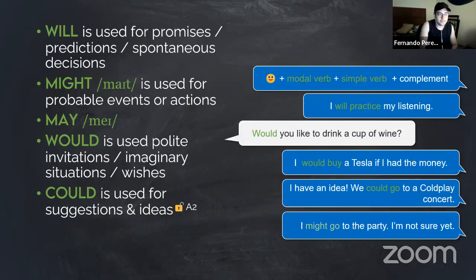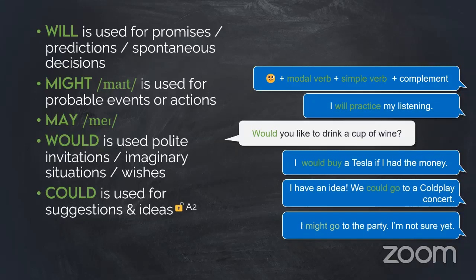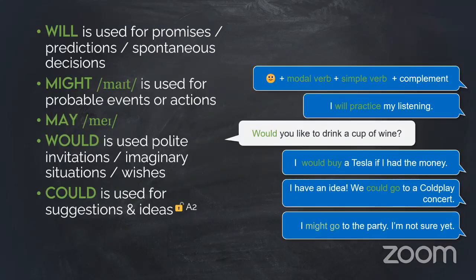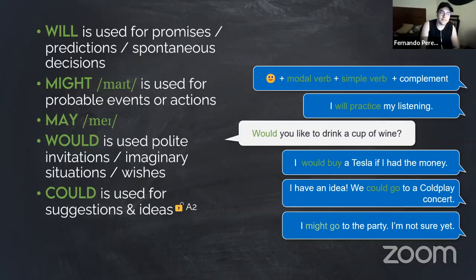Yes or no? Yes, teacher. Tell me about your possible activities this weekend. I don't know if you have plans or not. For example, Hector, do you have plans this weekend? Yes, teacher. You have plans, so it's impossible for you to say might. Do you have plans for next Monday?